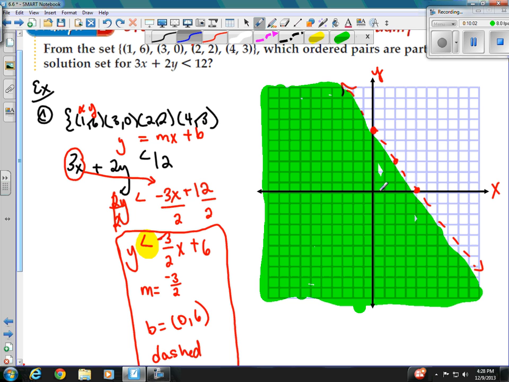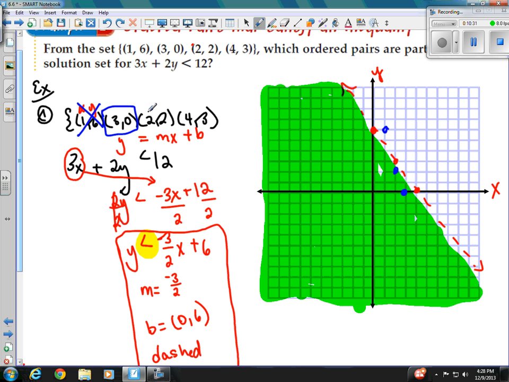So 1, 6. Right 1, up 6: 1, 2, 3, 4, 5, 6. Is that in the green region? No, it's not. So that's not a solution. So then we try 3, 0. So start at 0 and then go right 3 and then 0, so we don't go up or down at all. And that is in the green region, so it is a solution. Then 2, 2, so right 2, up 2.